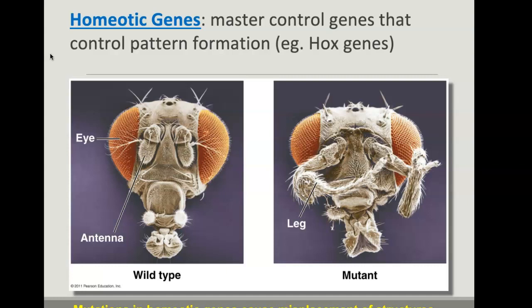So now the mutant, which has again a mutation taking place in the Hox or homeotic gene, you can see now instead of the antenna coming out of the middle of the head, we have legs instead. So anytime there were mutations in these homeotic genes, they caused a severe misplacement of body structures.